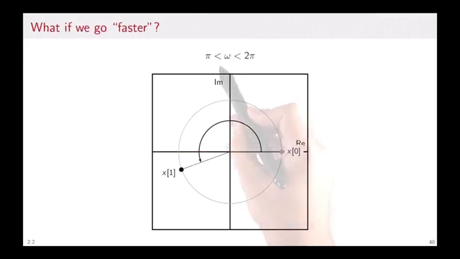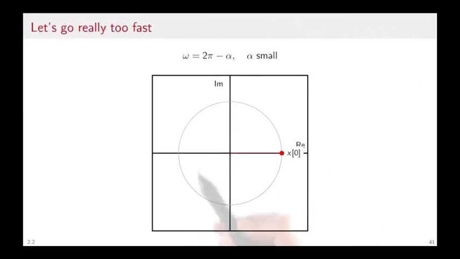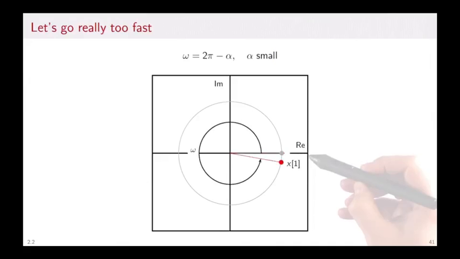Now, if the frequency is between pi and 2 pi, then there is this illusion that we can either think of it as a positive frequency, slightly larger than pi, or a negative frequency, slightly smaller than pi. Now, when omega is equal to 2 pi minus alpha, and alpha is small, then of course we are going to most likely think that it's actually a negative frequency.